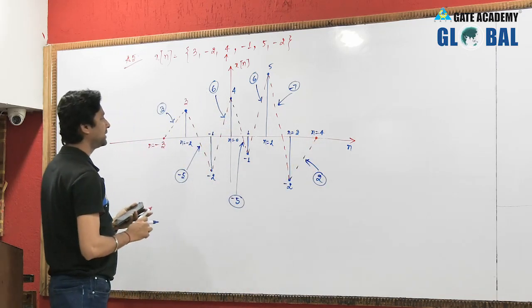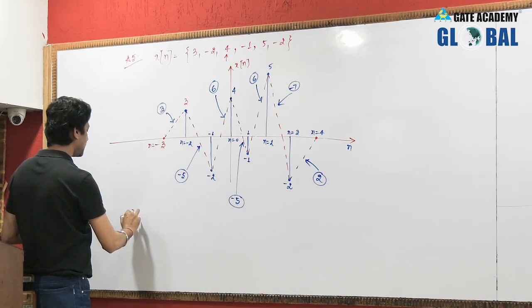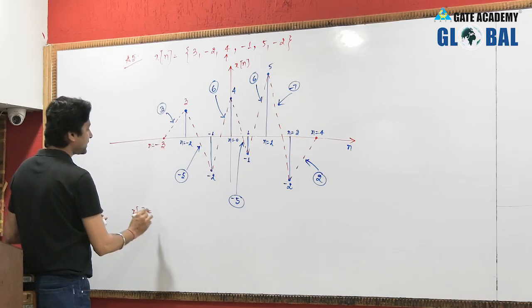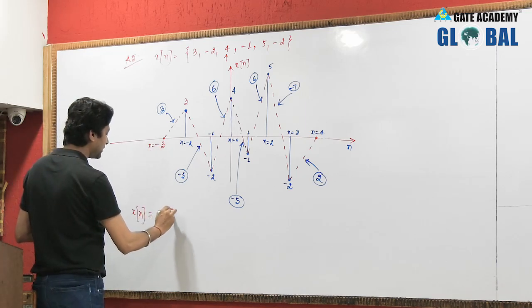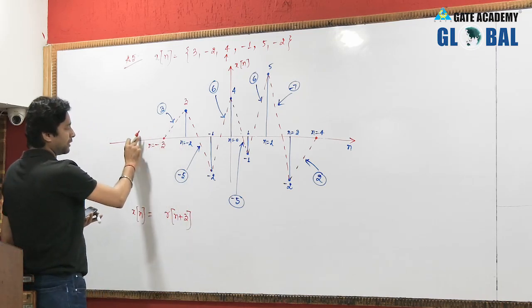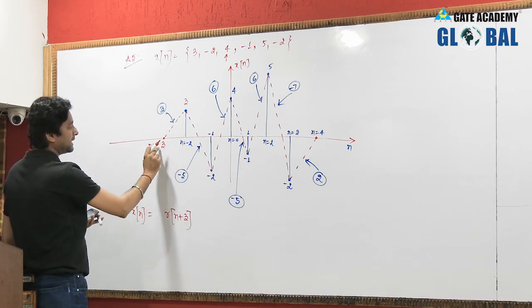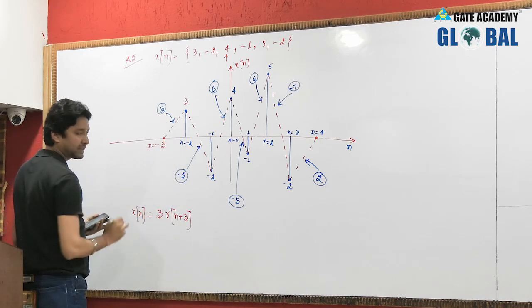So if you try to express this signal now in terms of ramp functions, then you can write x of n equals the first ramp, that is occurring at n equals minus 3, which has the expression r of n plus 3. The slope of this straight line: the previous slope is 0, after n equals minus 3 the slope is 3, so 3 minus 0, the value of slope is 3.